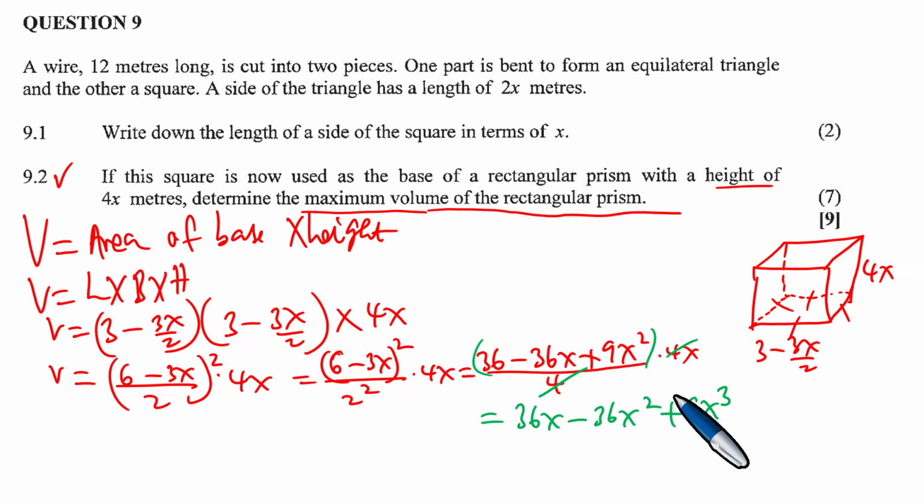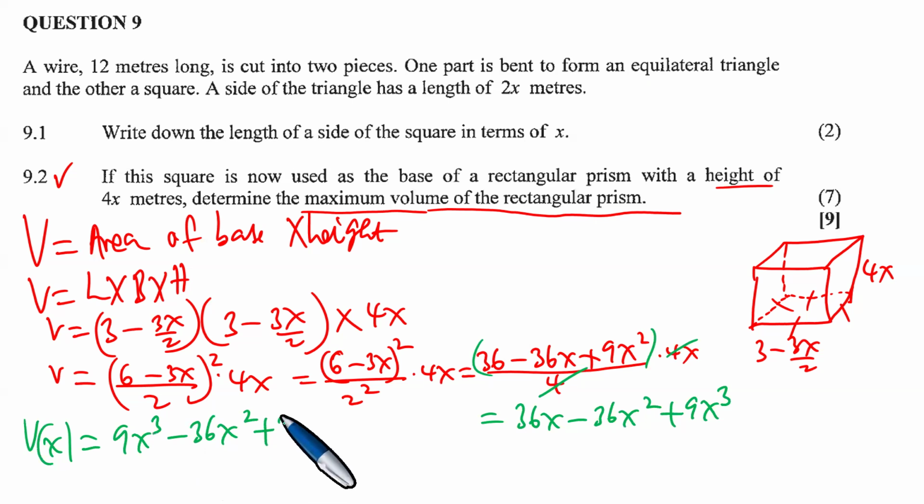This is what we have. Okay, now particular things remain key here. We are interested in finding something. So this is V of x, which is 9x cubed minus 36x squared plus 36x.